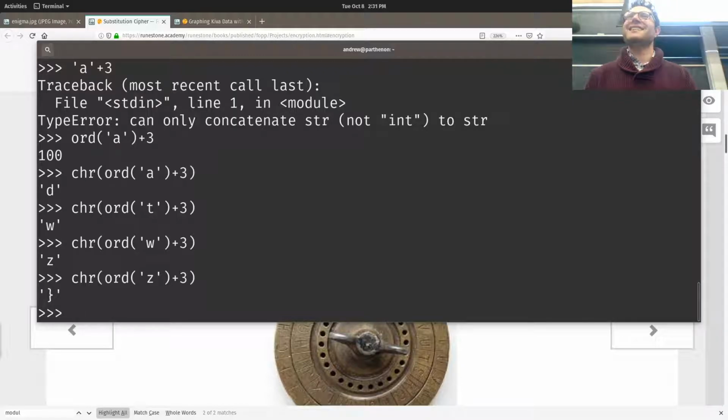Everybody knows that, right? That's going to be a bit problematic, because if we want to rotate it forward, I need it to go back around. And I can't just simply say mod 26. Why 26? 26 is the number of letters in the alphabet. It actually becomes a bit tricky to do that, but not too bad.